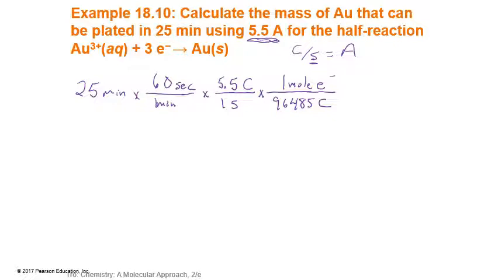So we need our chemical reaction where we see that there are 3 moles of electrons for 1 mole of gold. And we can see that from our balanced chemical reaction. Now if we want to find mass, now that we're in moles of gold, we can calculate mass using the molar mass off of the periodic table.